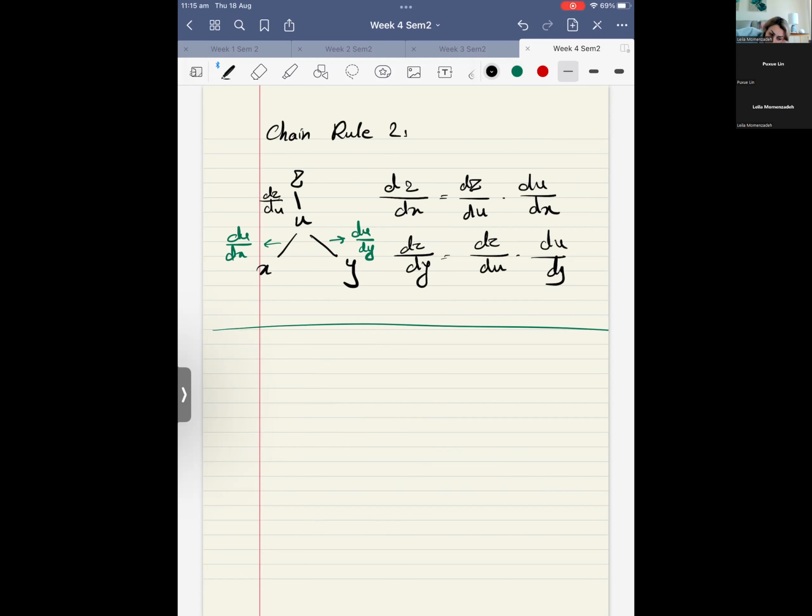Chain rule number 1, sorry. You have a z, you have an x, you have a y, each one has a t variable.